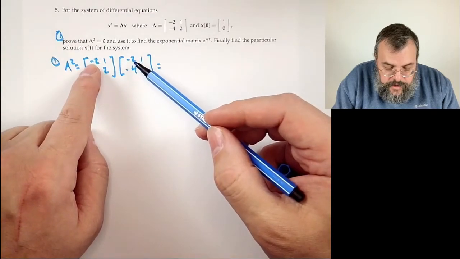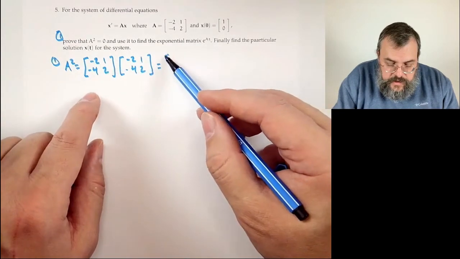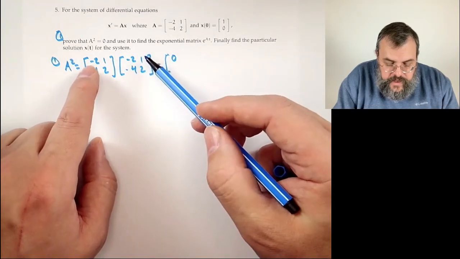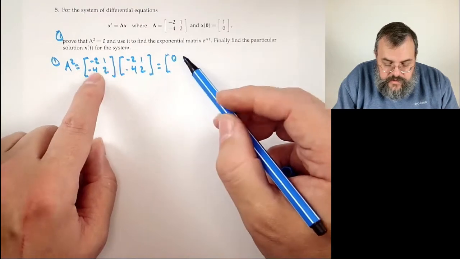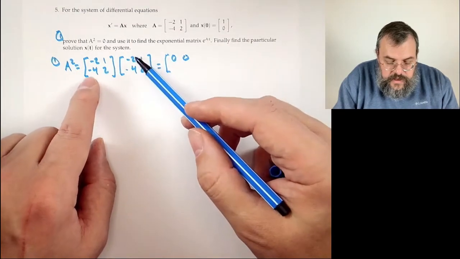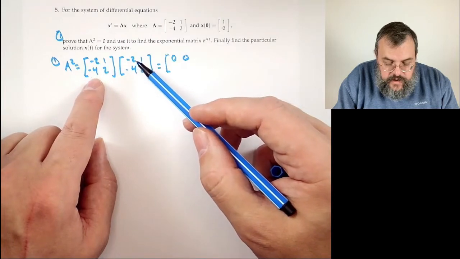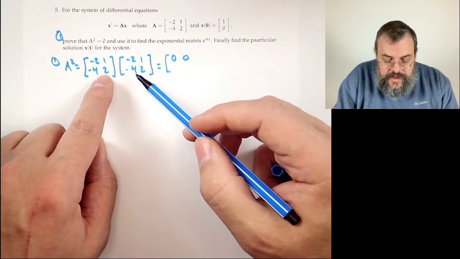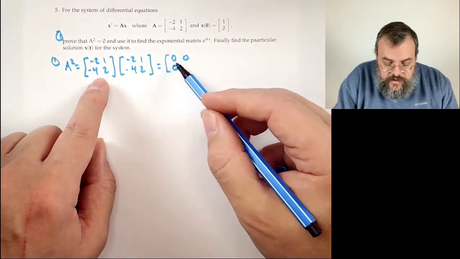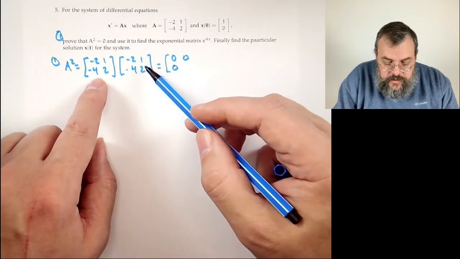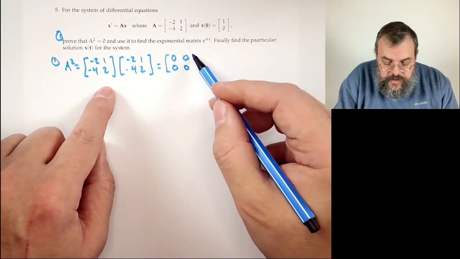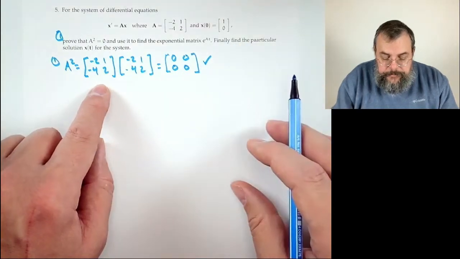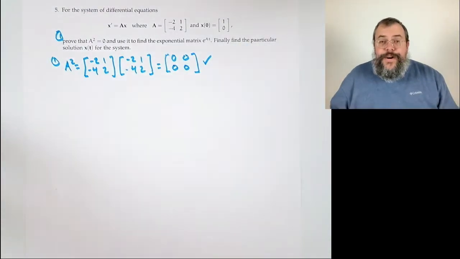So that'd be 4 minus 4, which is 0. Minus 2 plus 2, which is 0. Minus 8, positive 8, because minus 2 times minus 4 is positive. And minus 8, 0. And minus 4 plus 4 is 0. Okay, good. Now that's not so hard.